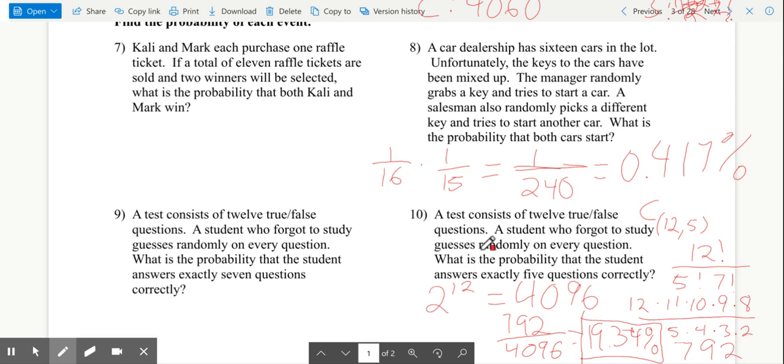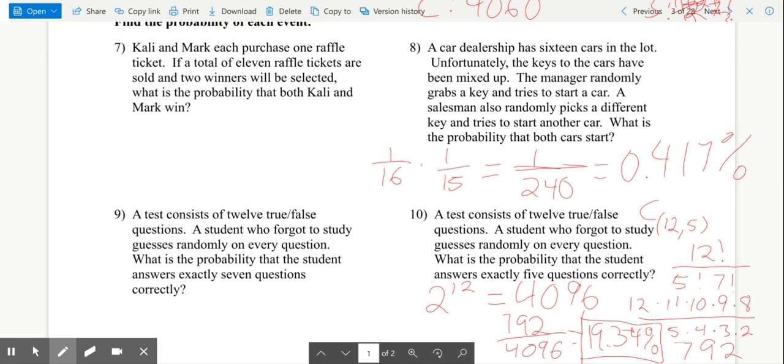And if you go through this process and do it again with higher and higher numbers of correct answers, you'll see that the more correct answers you want, the lower the probability of getting exactly that many correct answers is. So that's just an interesting thing.